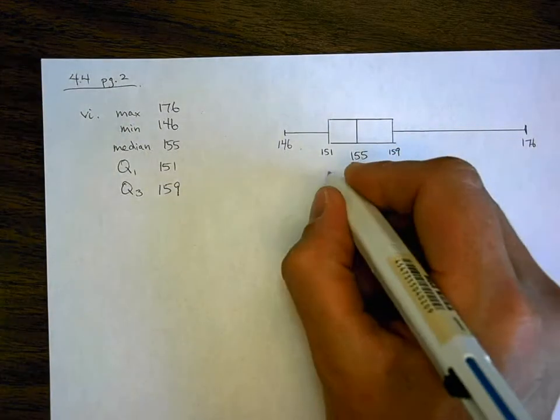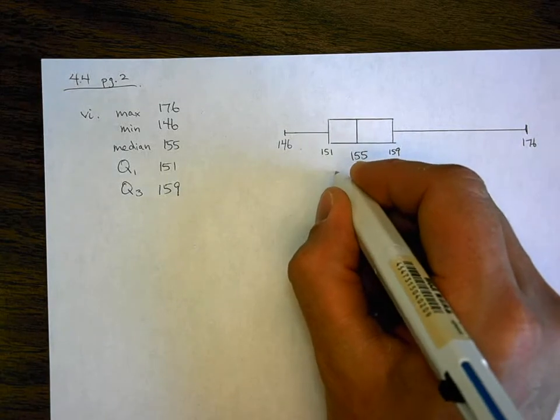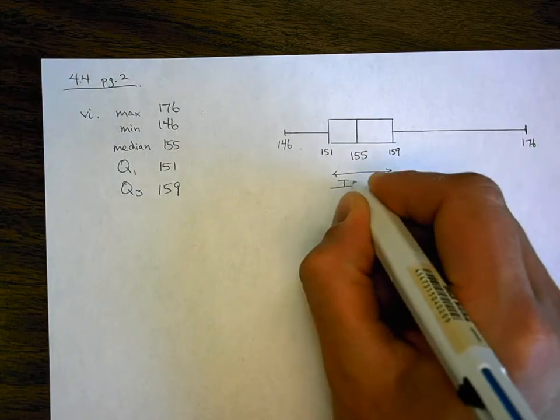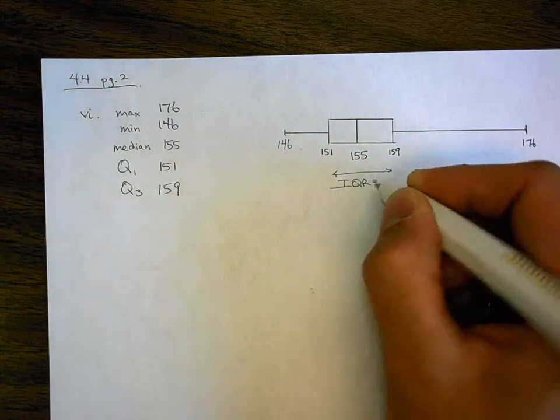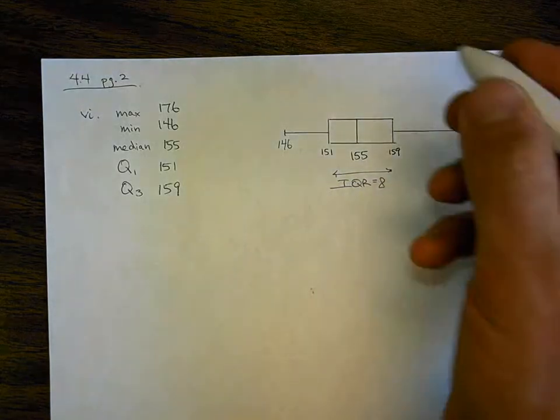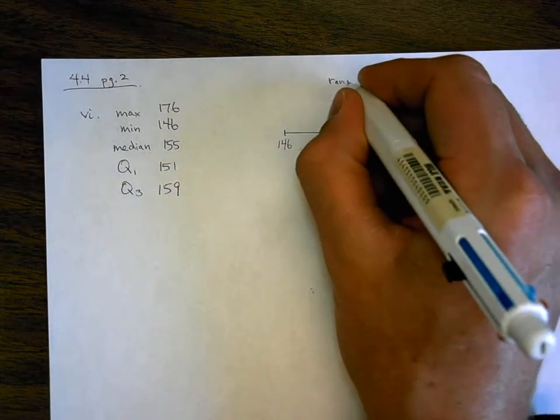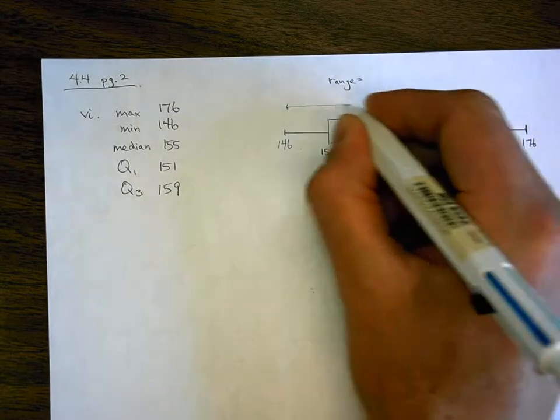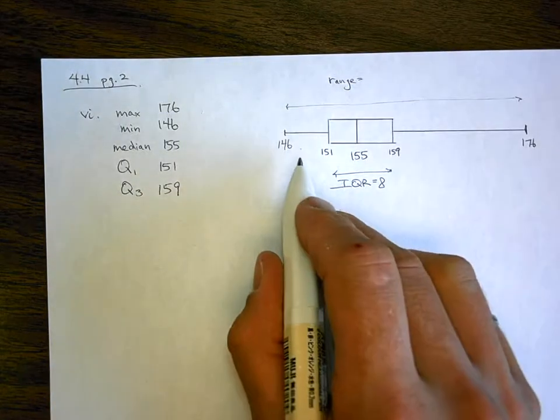So then we can figure out that the IQR is equal to 8 in this case, and the range is equal to, what is that, 30.